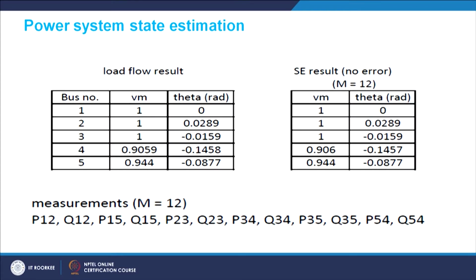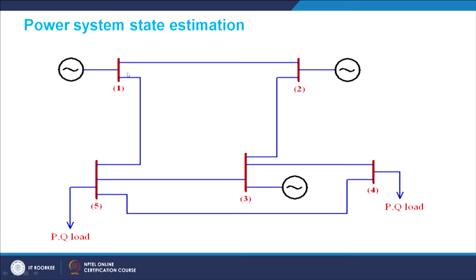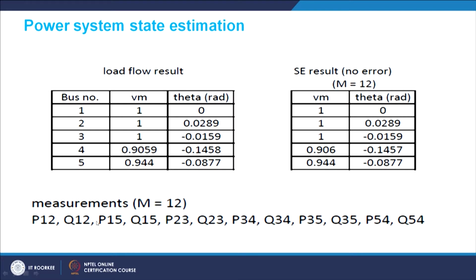And then we do this state estimation with these 12 measurements. P12 denotes the real power measured on the line between bus 1 and 2, measured at bus 1. Similarly, Q12 denotes the reactive power flow over line 1-2 measured at bus 1.